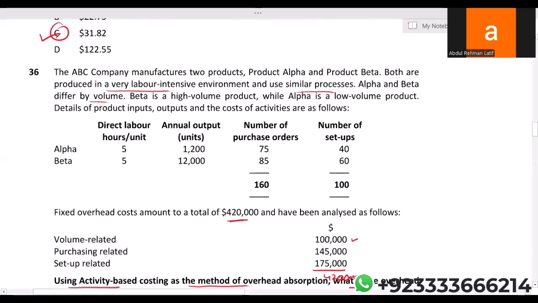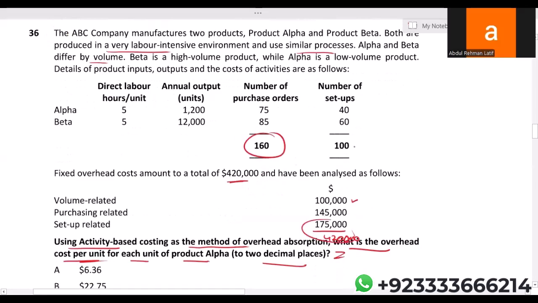Purchasing related means I'll go for the number of purchase orders. Setup related, I'll go for the number of setups. So the examiner has given you the cost pools, and also the total cost drivers: number of purchase orders is 160, number of setups is 100. Labor hours we have already calculated: 1200 into 5 plus 12,000 into 5, that is 66,000.